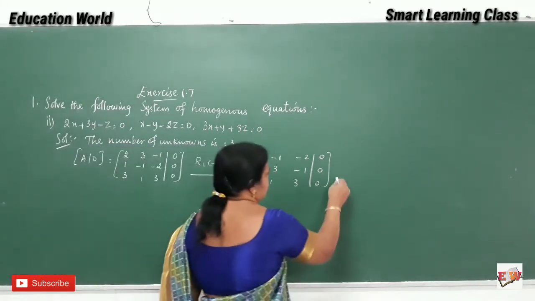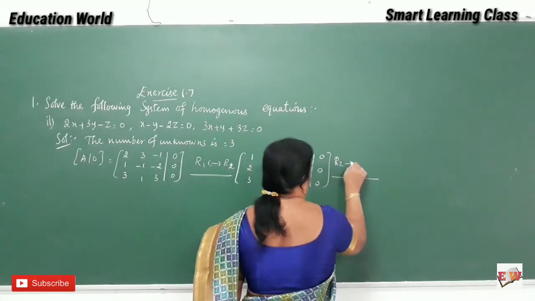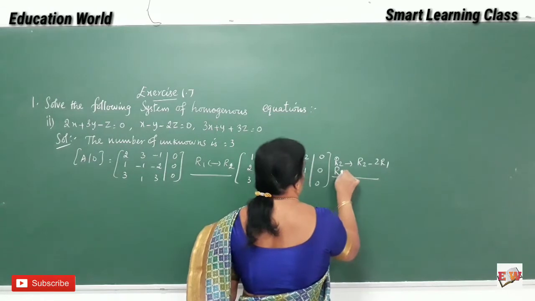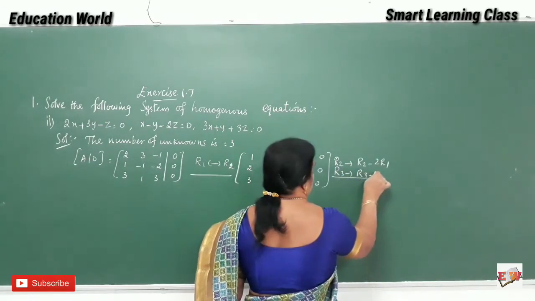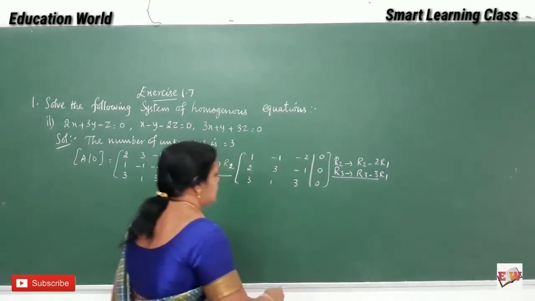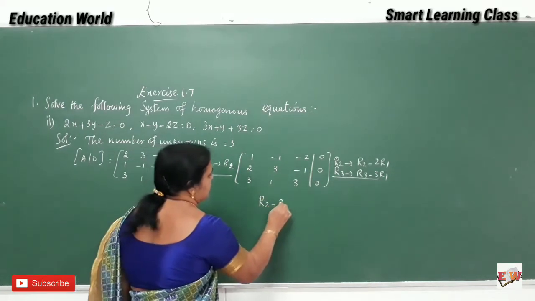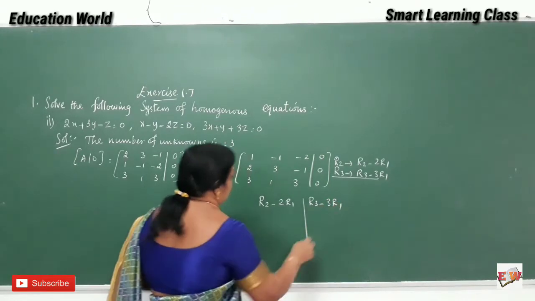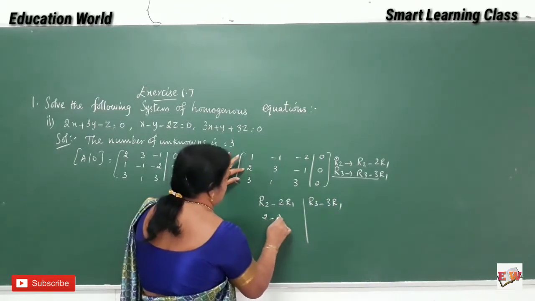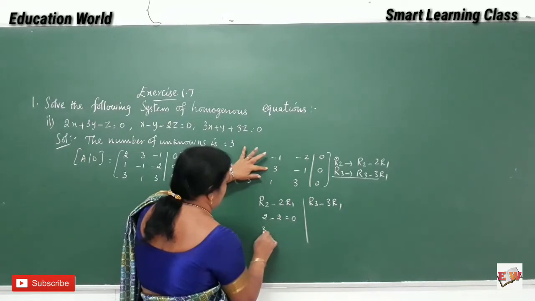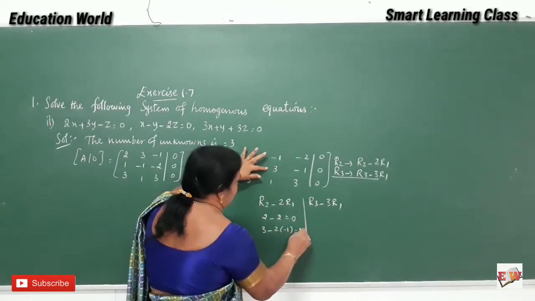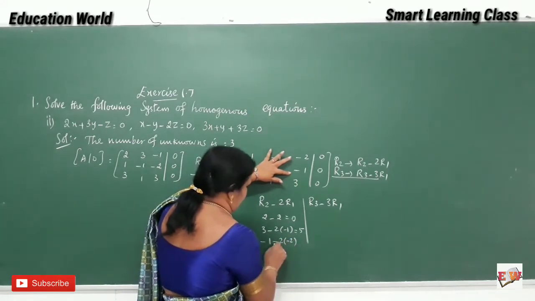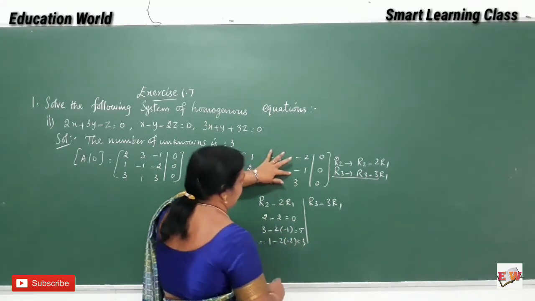Now I am going to transform R2 into R2 minus 2R1, R3 into R3 minus 3R1. For R2: 2 minus 2 equal to 0. 3 minus 2 into minus 1 is equal to 5. Minus 1 minus 2 into minus 2: 2 2s are 4, 4 minus 1, 3.